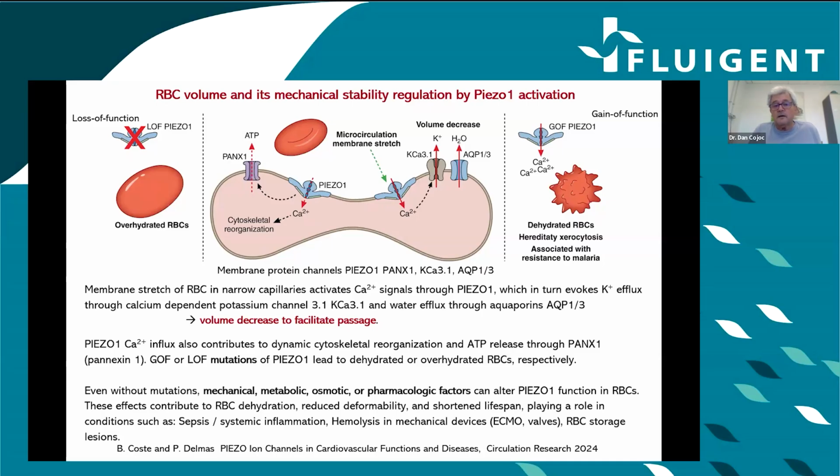This makes water be released from the cell to the outside, so the volume of the cell will change. And this is necessary when the cell travels through the body.